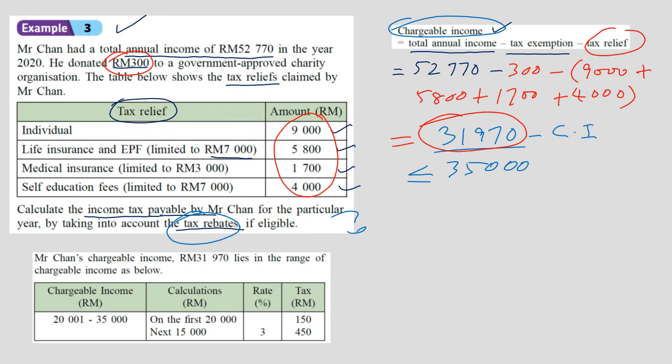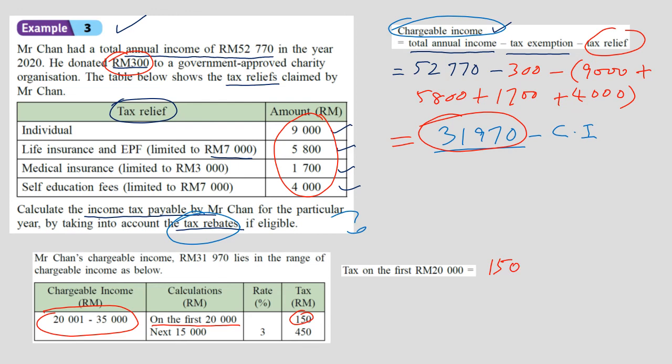But before the tax rebate, you don't minus the 300 first. You have to look at the table first. So 31,970 is in this row in the table. For the first 20,000, Mr. Chan will be charged 150.